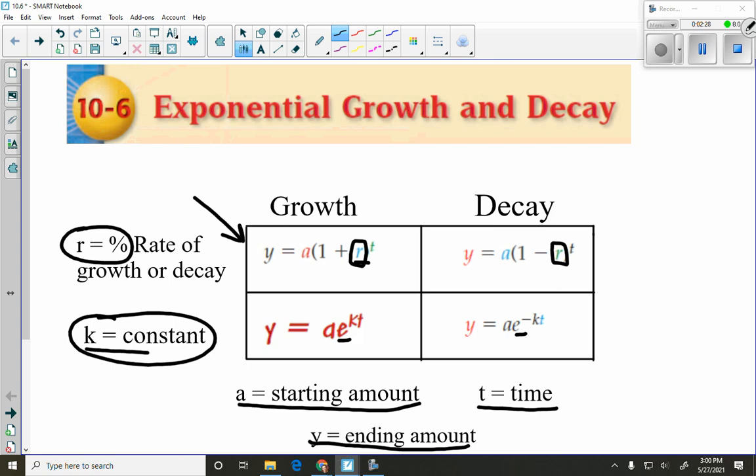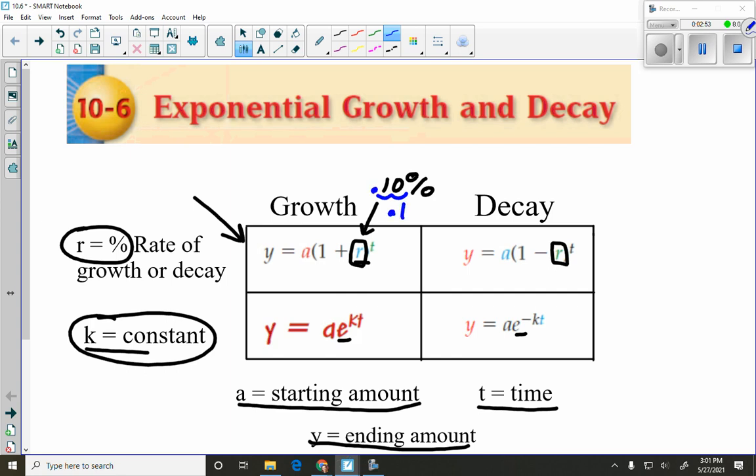Now, just a quick example: if they say you're going to invest some money and you're going to get a 10% growth rate, well then, because I said percent, it's going to lead you to this formula. It's growing. And notice percentages, remember, if I say 10%, that's the same thing as moving your decimal over 2 spots, 0.1.